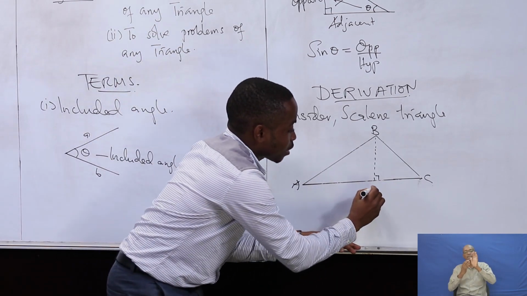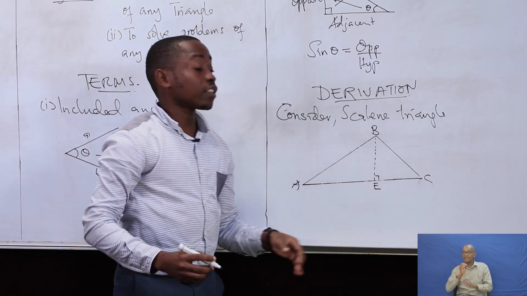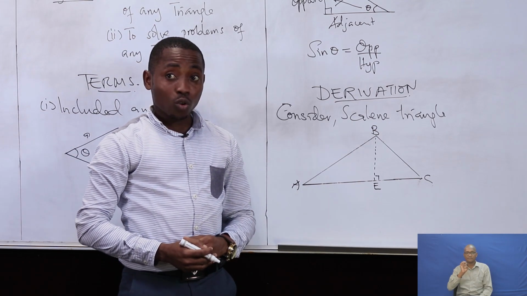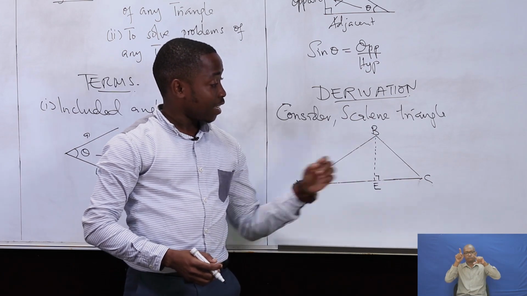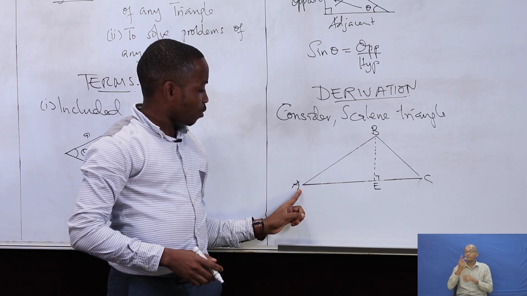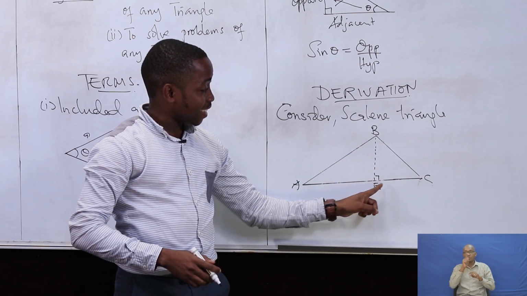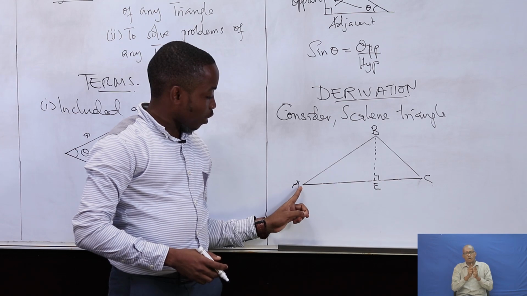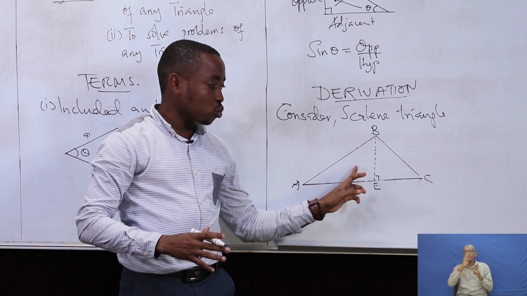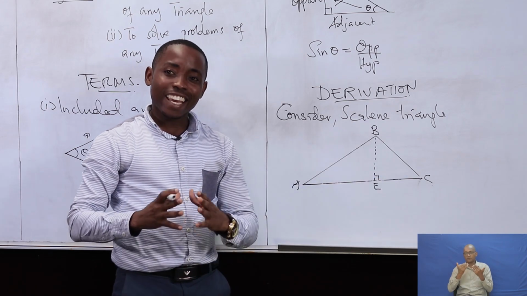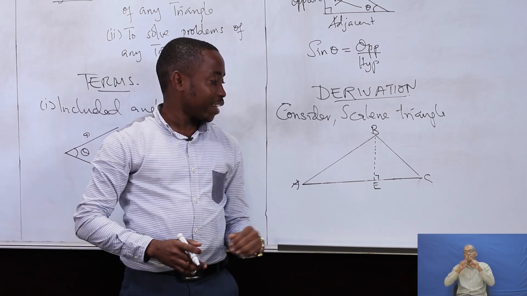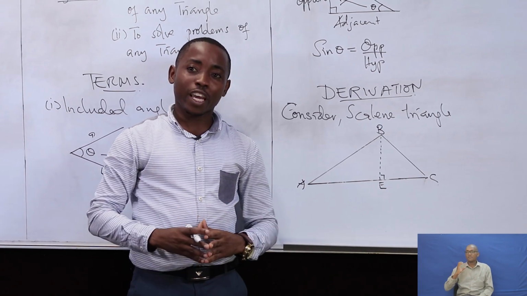Let's say we call this point E. Now once you observe this, we have the large scalene triangle ABC, but within it we have two other triangles: the small triangle BEC and the other one, triangle ABE. If we find the summation of these two triangles, we are going to get the area of the whole triangle ABC. So now how can we get the area of this whole triangle ABC?